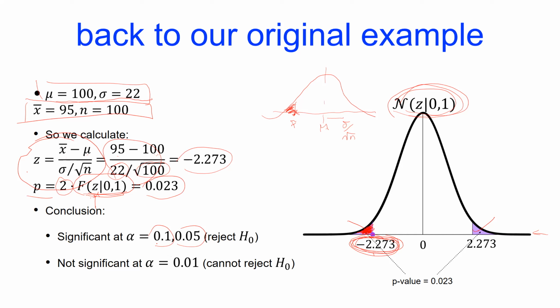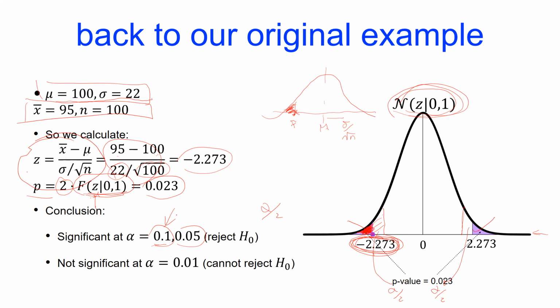In this example, if you say 0.1, we essentially take half, so this region will be half of alpha, and this region will be the other half of alpha.